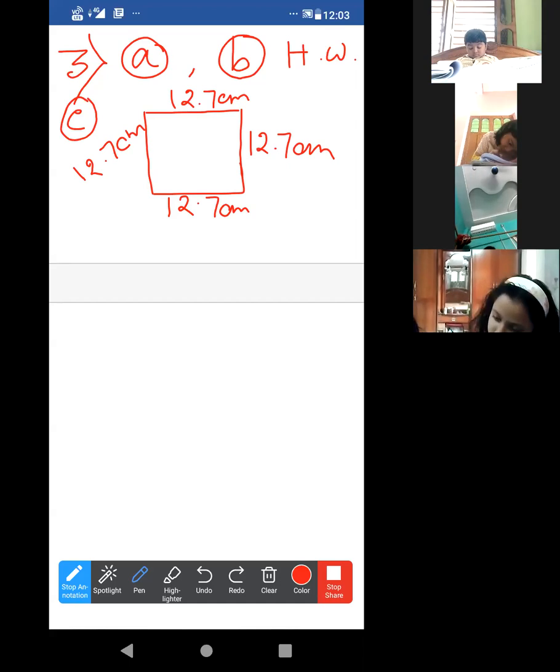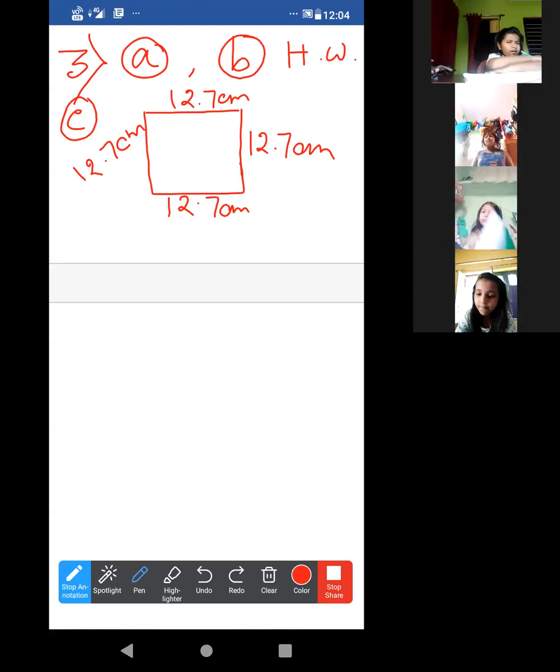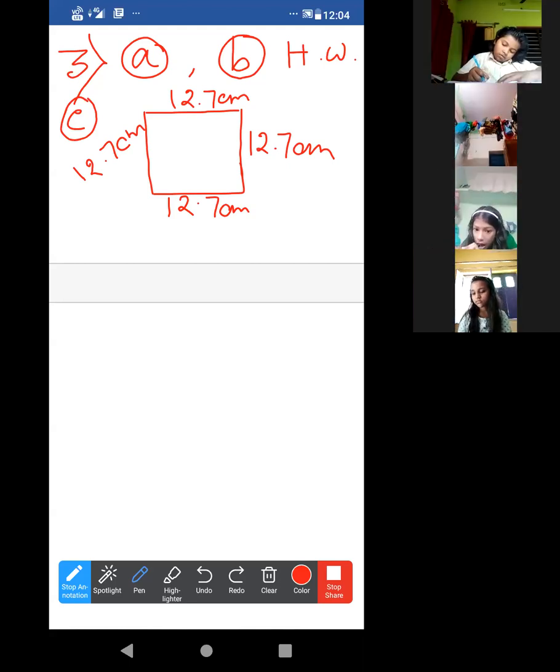This square is given. Oishani, Obipsha, understood? Deboshmita, Trisha, understood? Paushali, Maushi, okay. Shubhangi, sit properly.